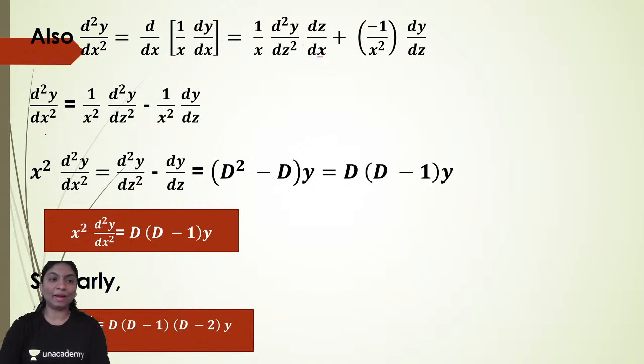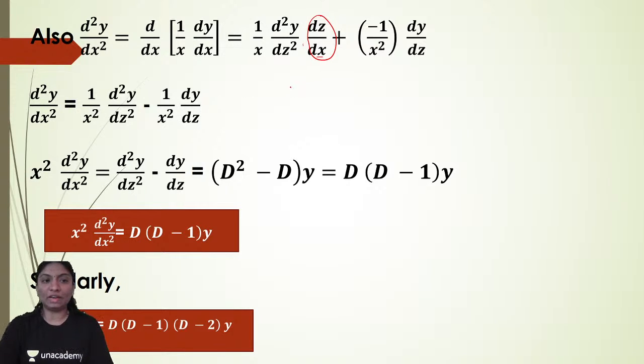Now here d2y by dx square is equal to 1 upon x square. See, dz by dx is 1 upon x, and that 1 upon x into this 1 upon x becomes 1 upon x square into d2y by dz square minus 1 upon x square into dy by dz.